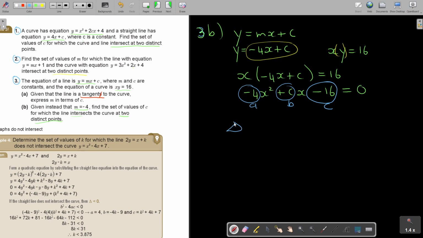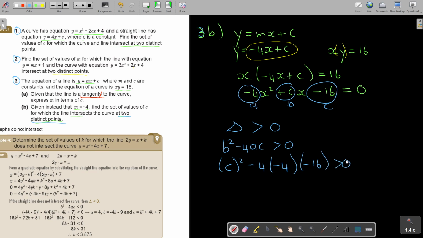So the discriminant, what if it's two distinct points? So it's bigger than 0. So b squared minus 4ac is bigger than 0. So it's c squared minus 4 times negative 4 times negative 16, and it's bigger than 0.